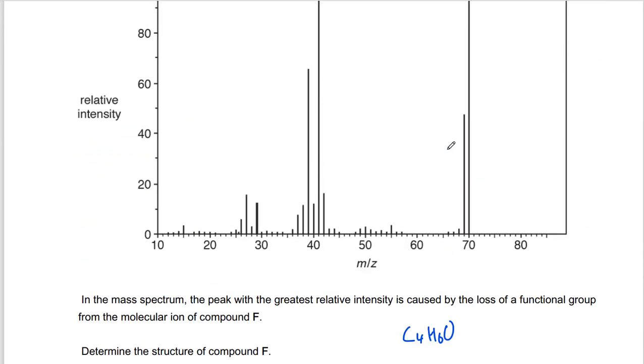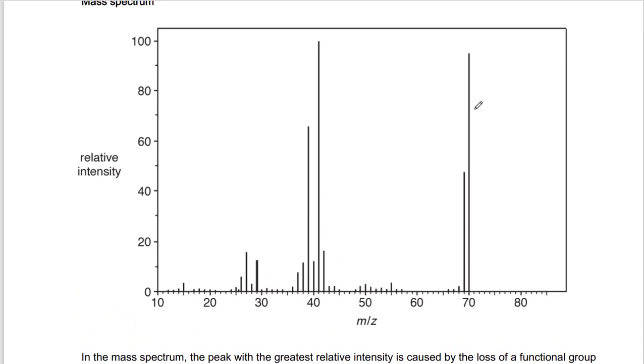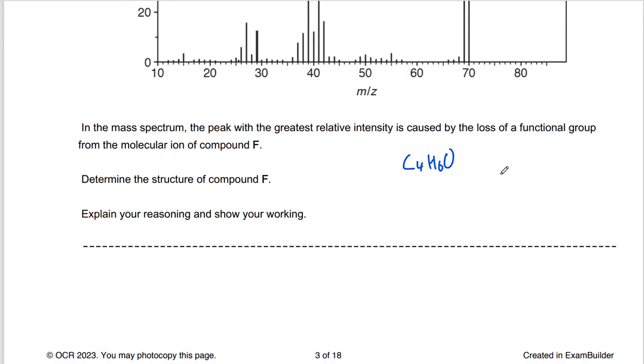And let's have a look at the molecular ion peak. The molecular ion peak is at 70. So again, let's just quickly, 4 times 12 is 48, plus 6 is 54, plus 16 is 70. So C4H6O is the molecular formula, okay, because this equals 70.